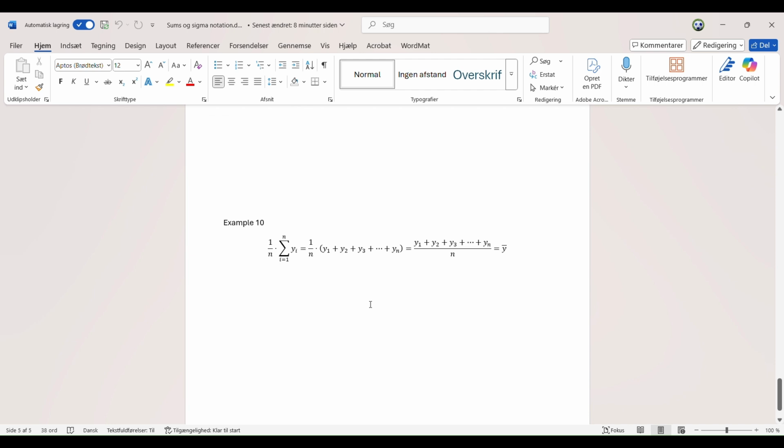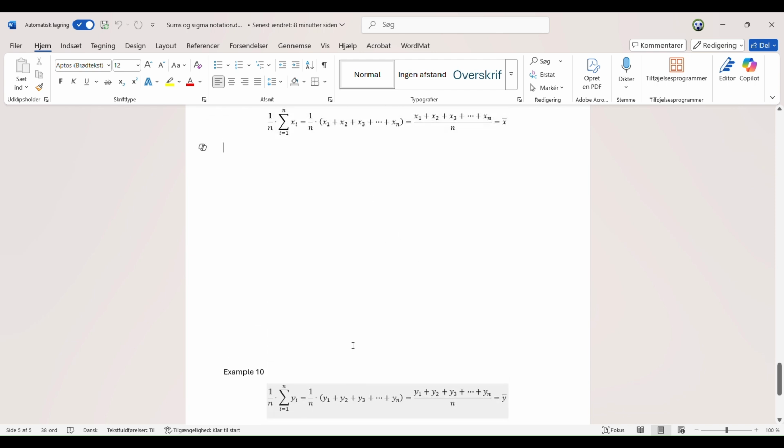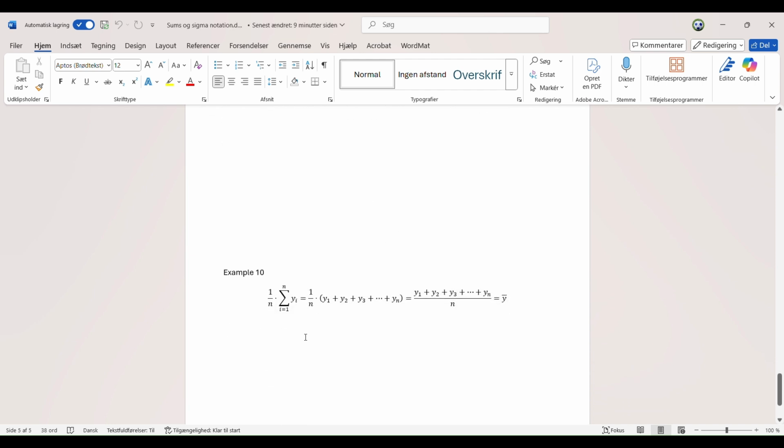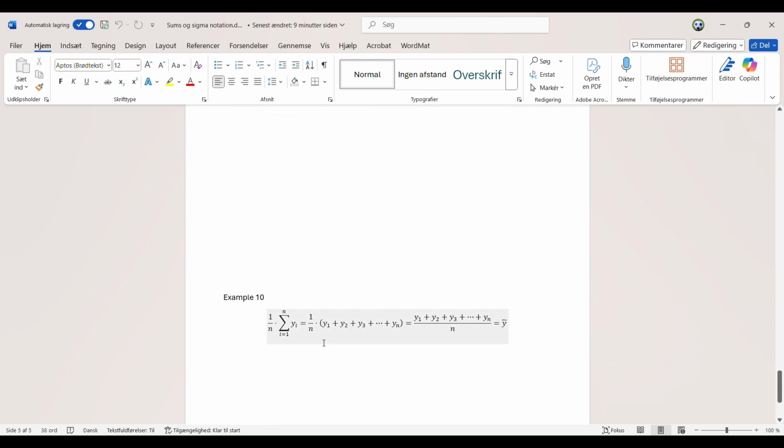Example 10 is actually just the same as up here, we just have a y instead. So this time we have the expression y with an index i, and we do all the same things that we did in example 9. So first off, 1 divided by n, that's outside our expression, and then we use our sigma notation to put all these values into our parentheses.